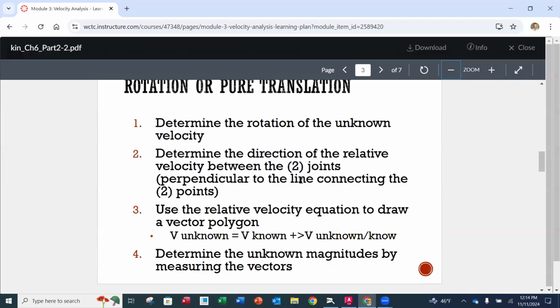So the process that we go through for solving these types of problems is, first, we're going to determine the rotation of any unknown velocities. What that means is we're going to be looking at the different links and what paths they're going to be taking. Then we're going to determine the direction of any relative velocities that are going to occur.